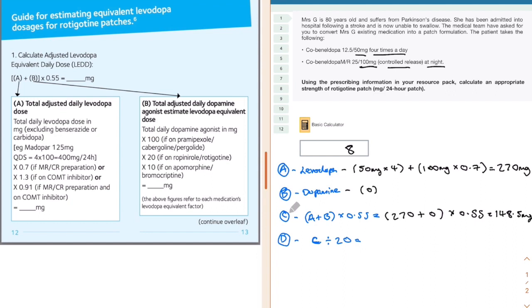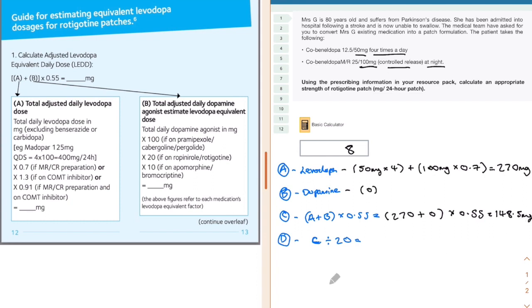Now we come to stage D, where we're going to divide it by 20 to get the Rotigotine patch strength. One thing I want to mention to you is that in stage C, the answer that we got here is the total levodopa equivalent dose. So that's the total amount of levodopa that the patient's taking.